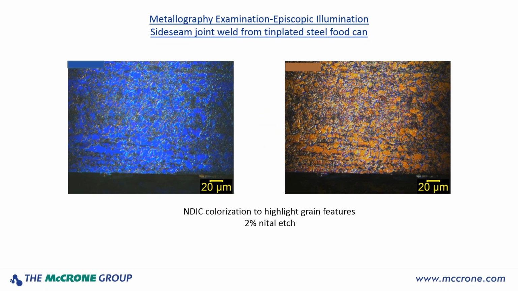We can also go to colorizing the features in here with the etch. And we can colorize it blue like we have on the left, or we can colorize it mainly with orange on the right. And here we can see that there are perhaps different phases present, especially in the blue. From my eye, I can see that a little better with the blue.